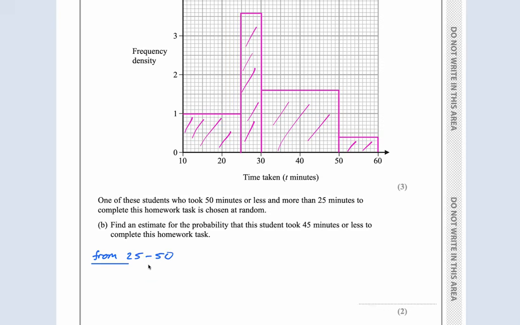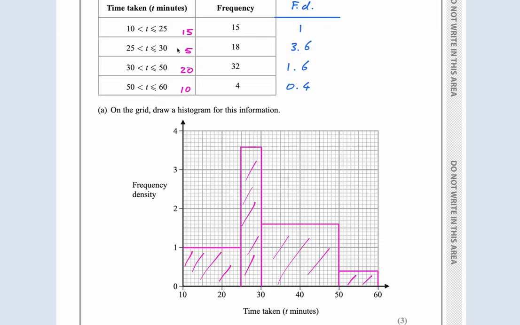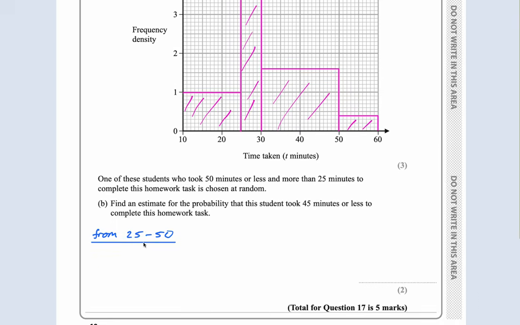And I need to get the area here. Now that one I can do easily enough because it's 18 plus 32, which is 50. So there's 50 students that I'm choosing from.